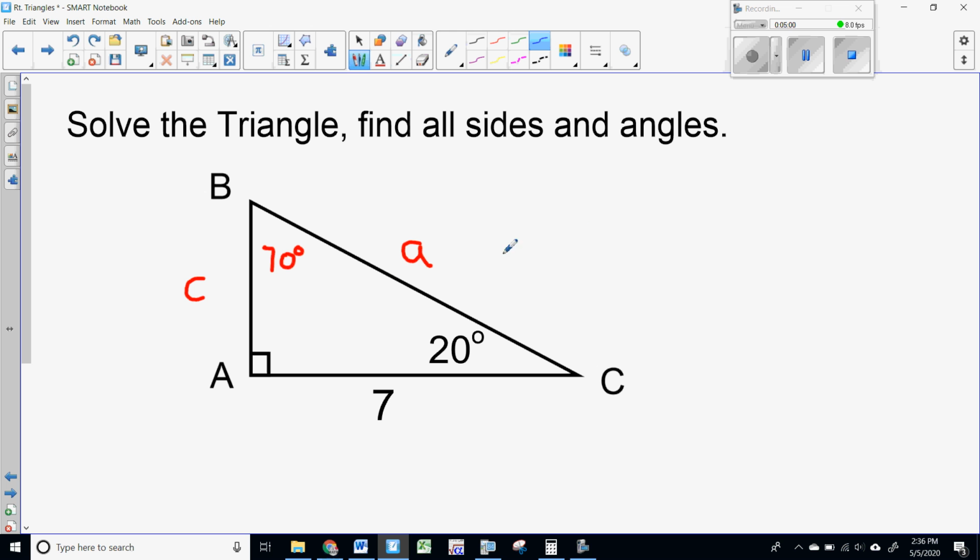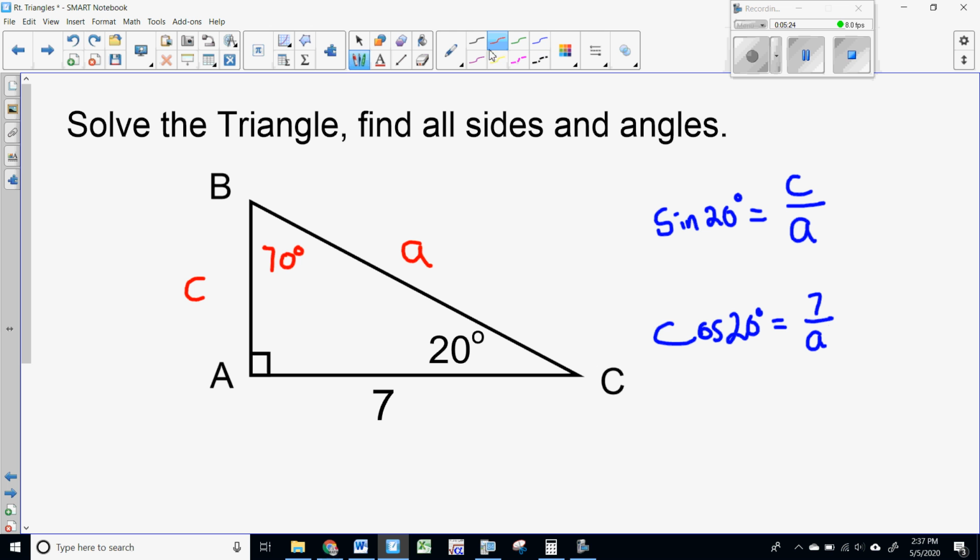Now we want to try to find what is a and what is c. I'm going to pick two trig functions to show you the difference. First, the sine of 20 is c over a. Then the cosine of 20 is 7 over a.